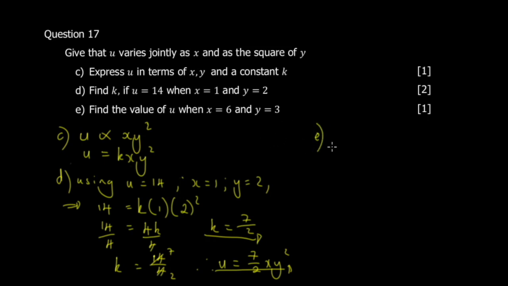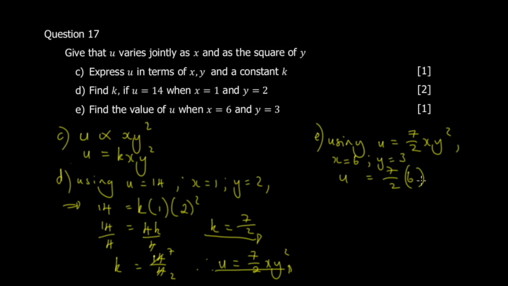Find the value of u when x is equal to 6 and y equal to 3. So you say using u equal to 7 over 2 x y squared, u equal to 7 over 2, x is 6, y equal to 3, so this one would be 3 squared.